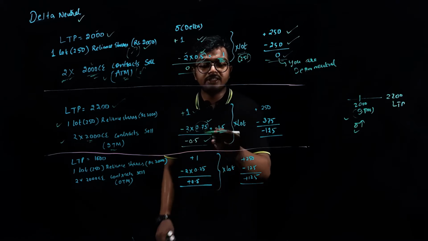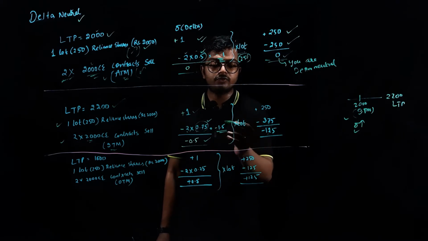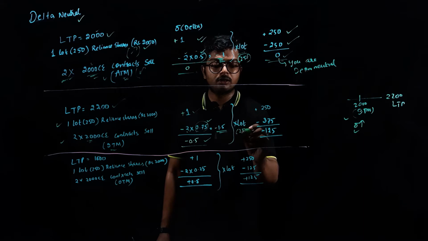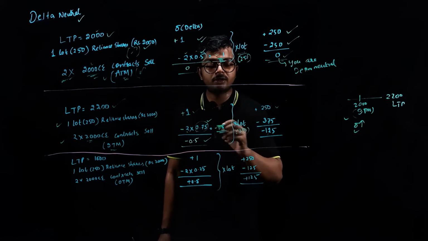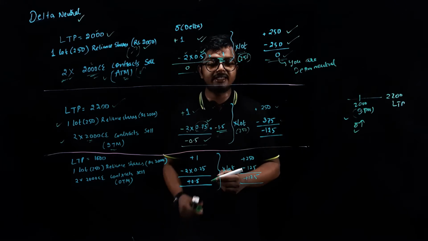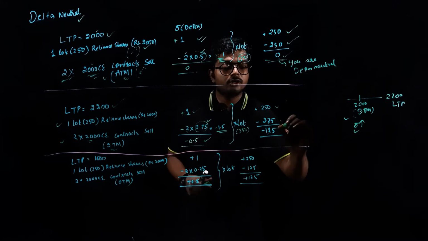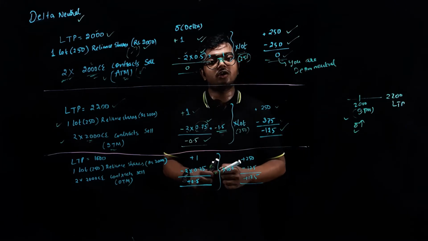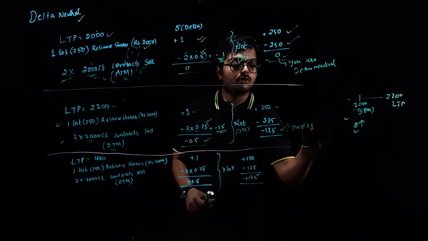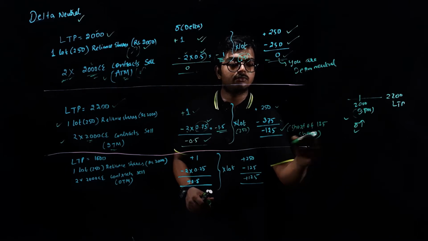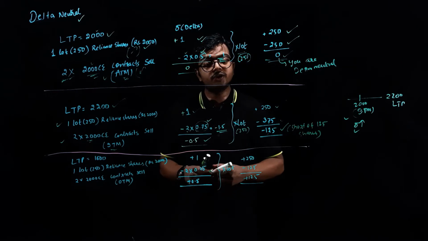Okay. Now here if you multiply the lot size, 250 multiplied by 1, that is 250. 250 multiplied by minus 1.5, that is minus 375. If you add up, you would know that you are short of 125 shares, right? So what would you do in this case?